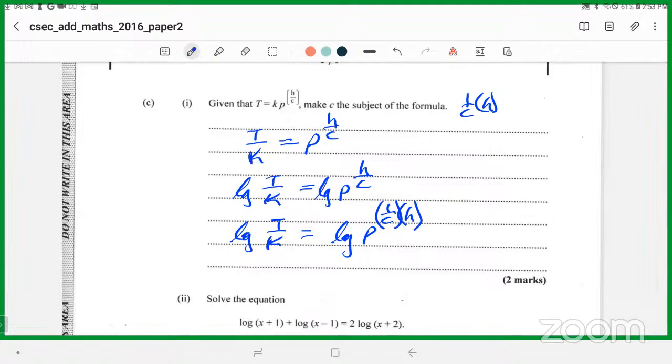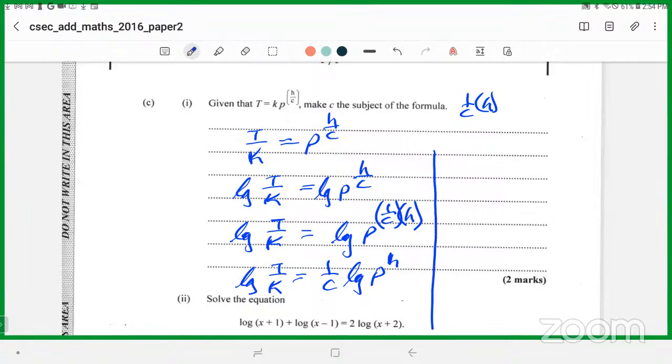Yes, sir. I can move the 1 over c. You see, alone, I'm interested in becoming the subject, so I can move the 1 over c alone. I'm free to do that and leave the p to the h. So I write it as the log of t over k equals 1 over c log of p, and this h remains on the power now to the h.